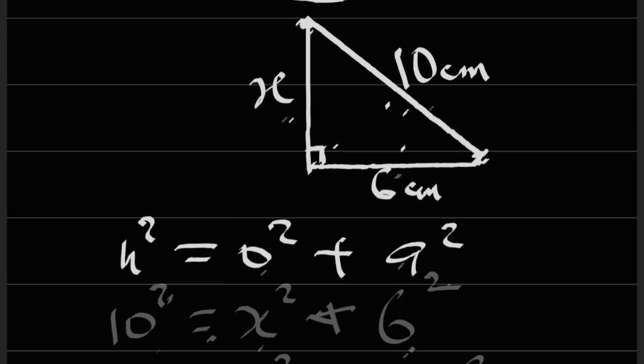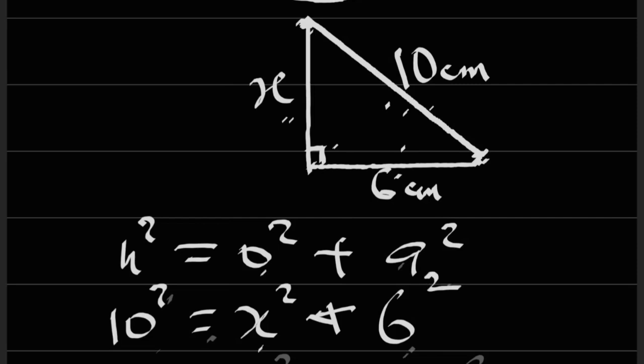So putting the values, our hypotenuse here is 10. That is 10 square equals x square, that's this very side, plus the other side, which is 6 square.